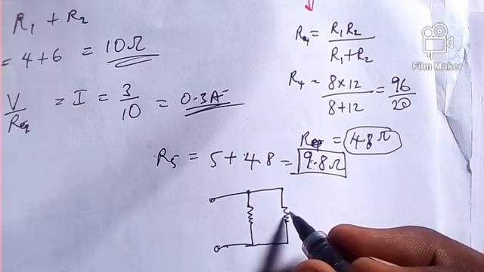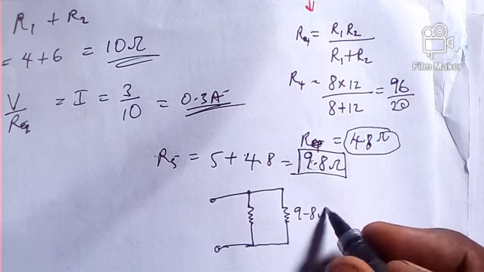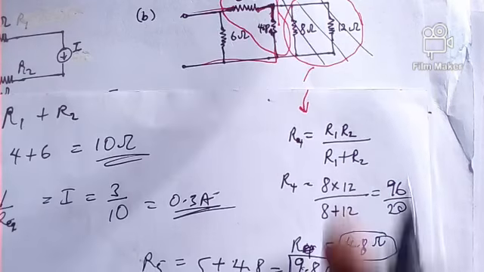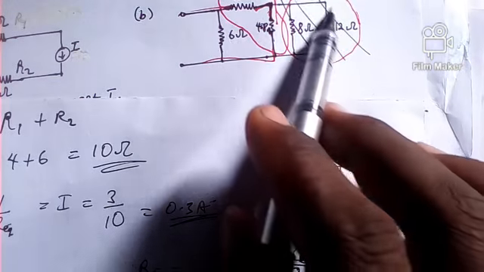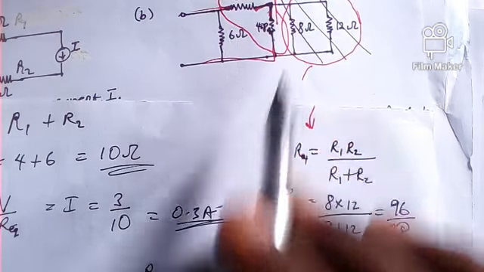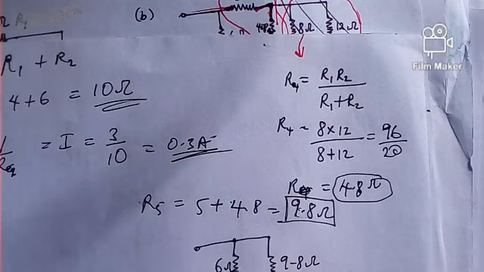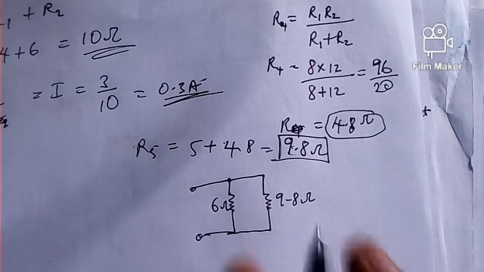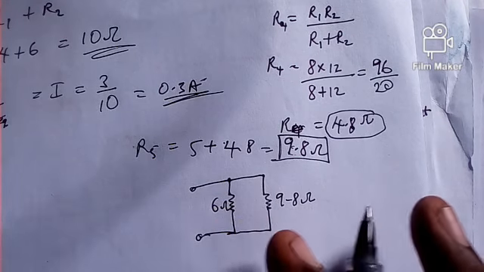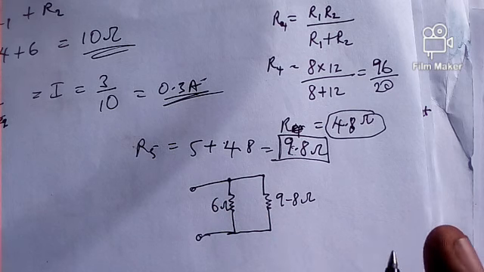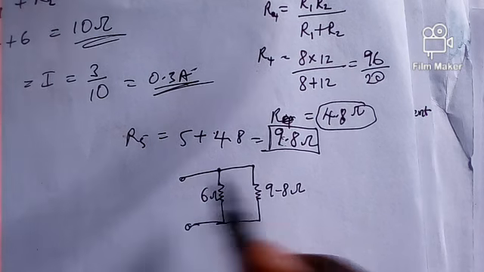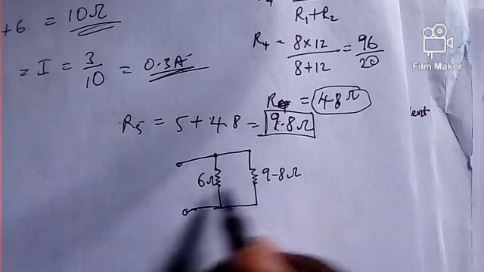Where this one is the R5 that we just got to be 9.8 ohm after reduction of the whole of these resistors up to this point. Now we have the 6 ohm that is left. So how do we now find the total, which is the equivalent resistance, which is probably the final resistance that we're looking for? To do that, we can see that these two are now in parallel.